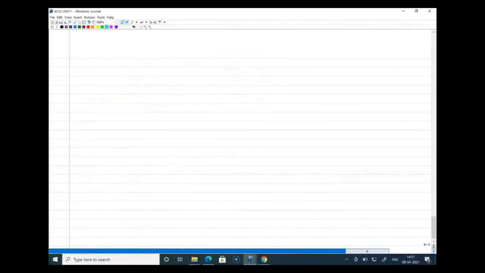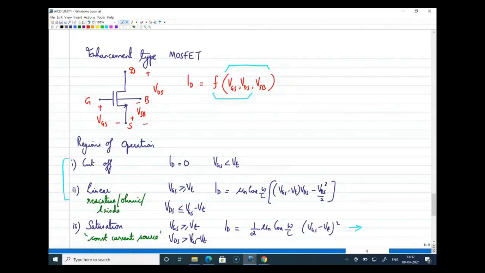Okay. Now, one more clarity I want to give you guys here, which is about models. When I say models for analog design, we are using only models. Can you guys tell me, when we talk about small signal models, are we drawing models for a specific region or is it models common for all the three regions?